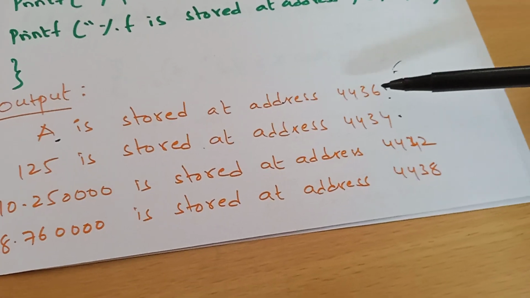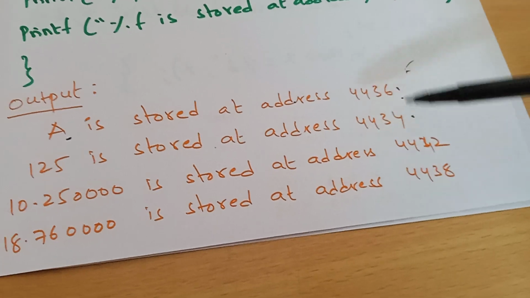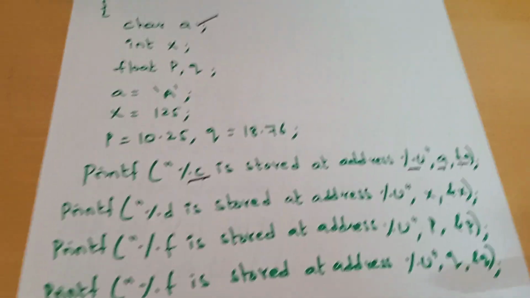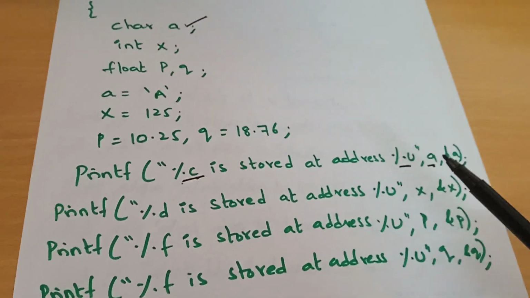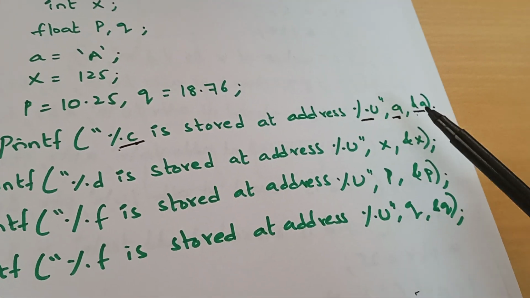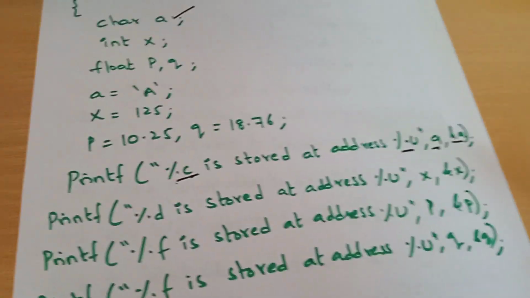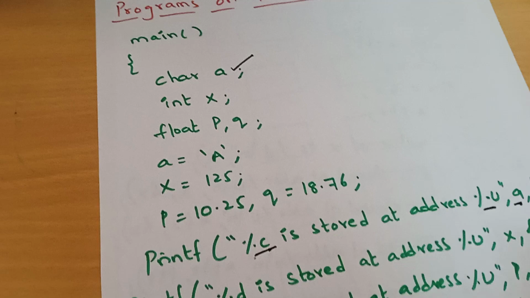As these are address locations, these values will be different. But the point you have to understand here is that you can see the respective location where your values are going to be stored. Now let's see how we will do it with pointers.